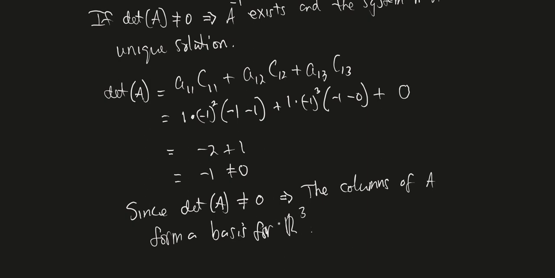Every vector in R3 can be written uniquely as a linear combination of those columns.